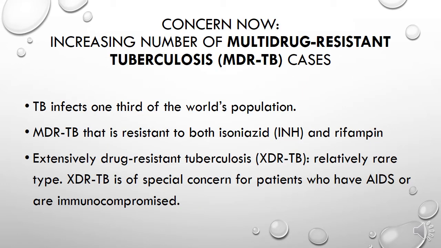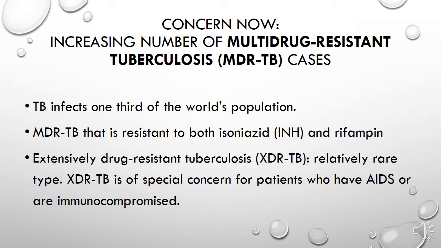The problem now, again, just as we talked about, are bacteria. We see tuberculosis bacteria also mutating and becoming multi-drug resistant as well. Our most common TB medications are isoniazid, INH, and rifampin, kind of the number one go-to.